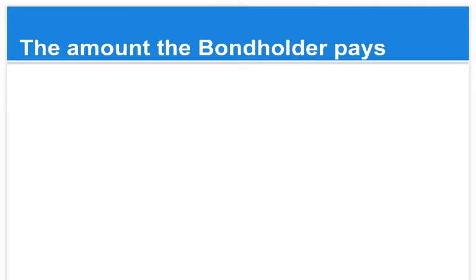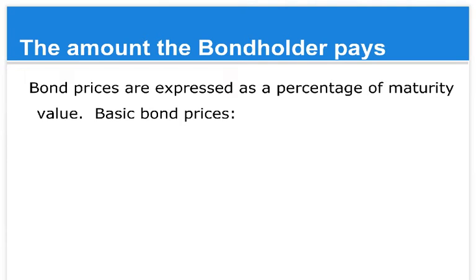So we looked at all of the amounts that the issuer is paying, but what about the initial amount that the bondholder sends or pays to the issuer? Bond prices are expressed as a percentage of the maturity value. So basic bond prices are listed as follows.